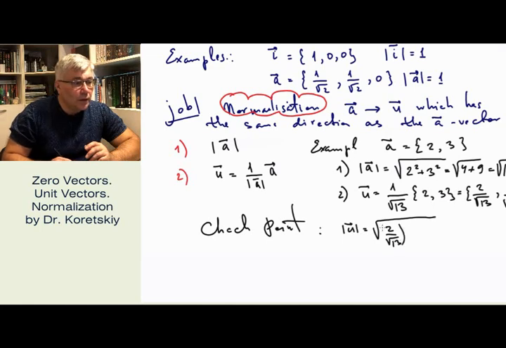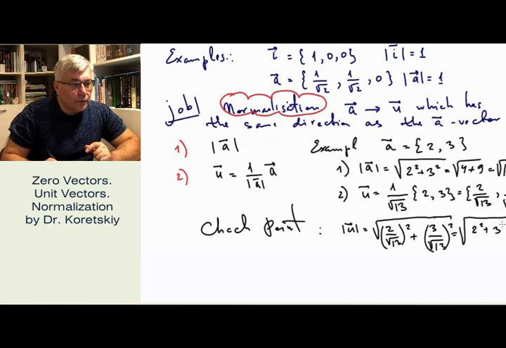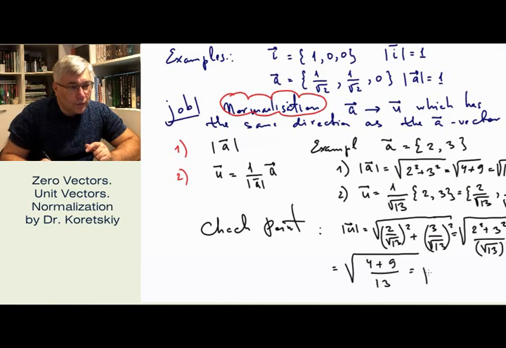Let's calculate the magnitude of the u vector, and it gives square root of (2 over square root of 13) squared plus (3 over square root of 13) squared, and you have here 2 squared plus 3 squared over square root of 13 squared.